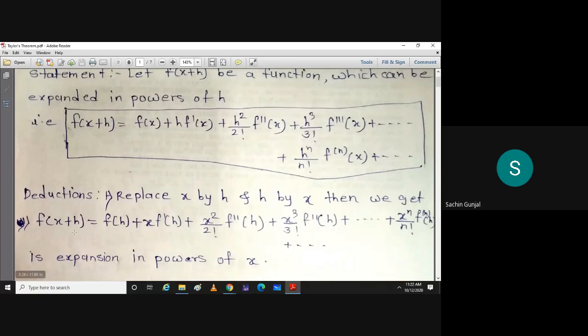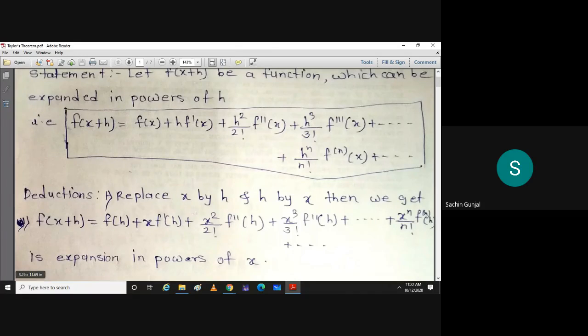If I substitute h is equal to 0, what will you get? Maclaurin's series expansion. So Maclaurin's theorem is a particular case of Taylor's theorem expansion. That is the deduction.